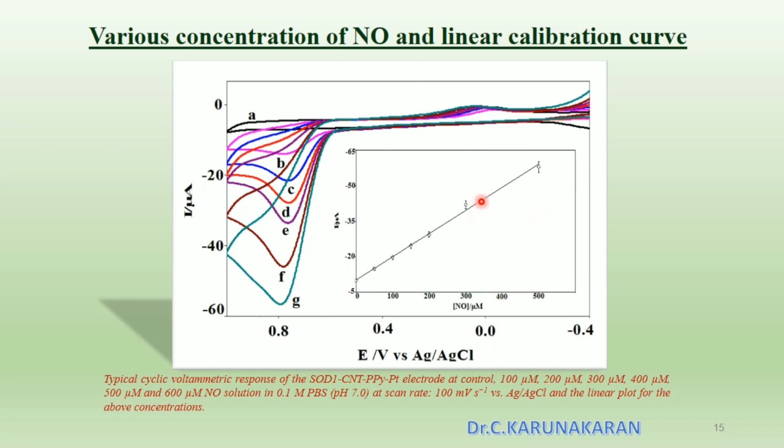From the linear calibration curve, for an unknown biological sample, if you know the peak current, then from the peak current you can calculate the NO level present in the blood sample or cell sample or even breath sample, etc.